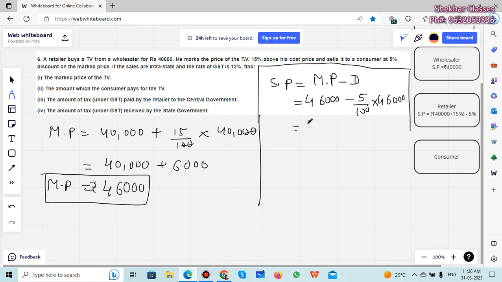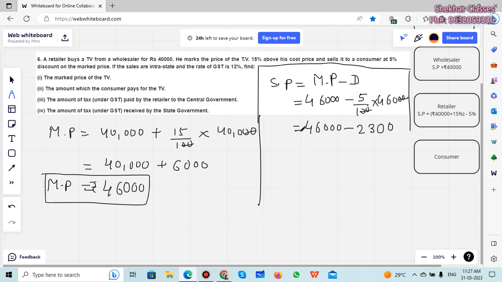The 2 zeros will get cancelled here, so you multiply 46 into 5. 46 into 5 will give you 230, and 1 zero after this.